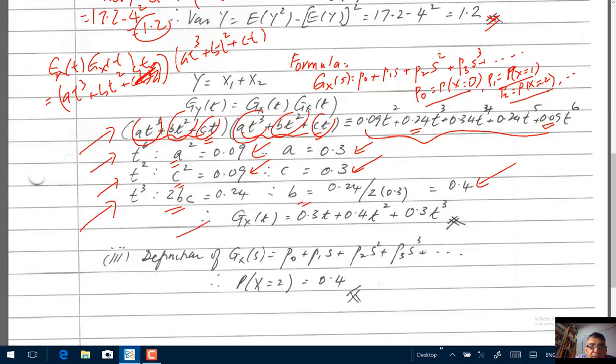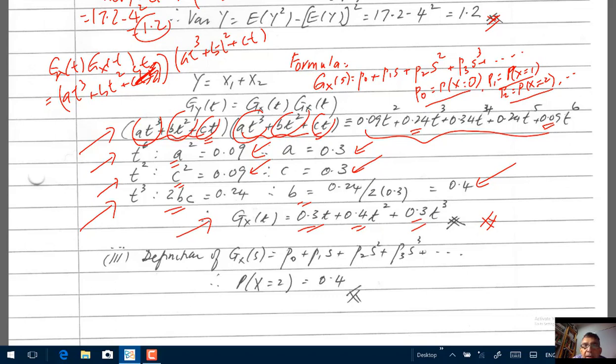So I have my PGF of x, which is gx of t. c is 0.3, so 0.3 t. b is 0.4, so I'll get 0.4 t squared, and a is 0.3 t cubed, and we are done.